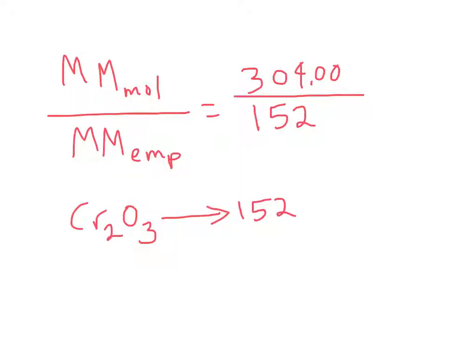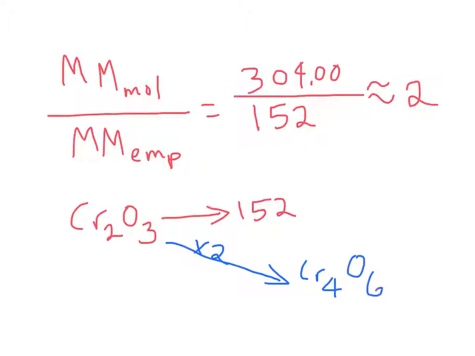And that's going to give us a number that is approximately 2. So that's our multiplier. Our multiplier is 2. Now from there we're going to take the subscripts and multiply them by the multiplier to get us our molecular formula. So multiplying the subscripts by 2 is going to give us Cr4O6. So that is the molecular formula, Cr4O6.